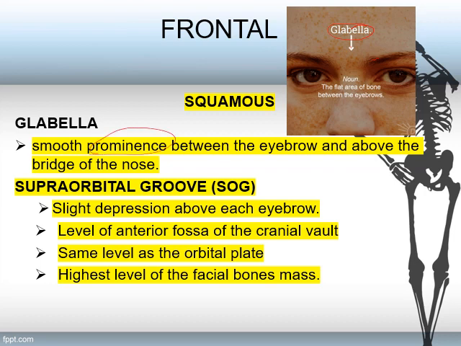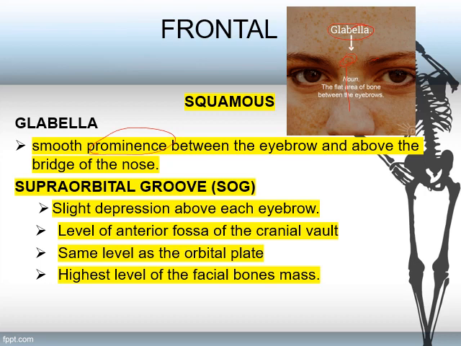Parang prominent siya, parang may nakaprotrude dito. If you can feel your forehead, you can feel your glabella also. Between the eyebrows and just above the bridge of the nose. So, yung bridge ng nose natin, just above it, we have here the glabella.